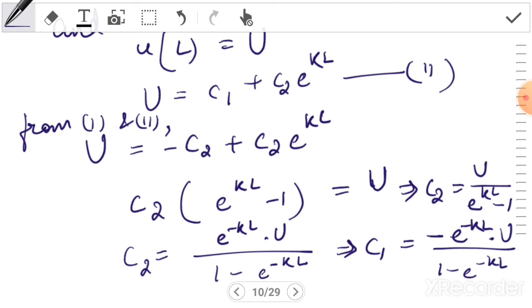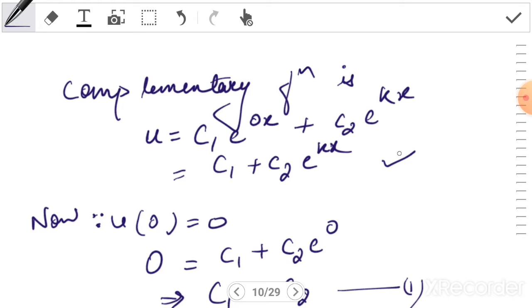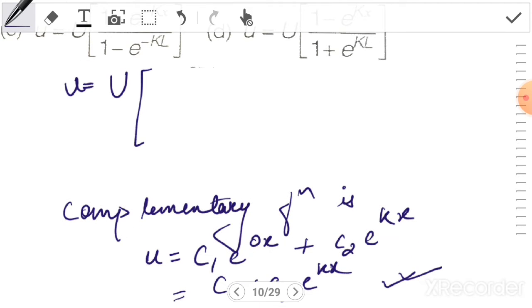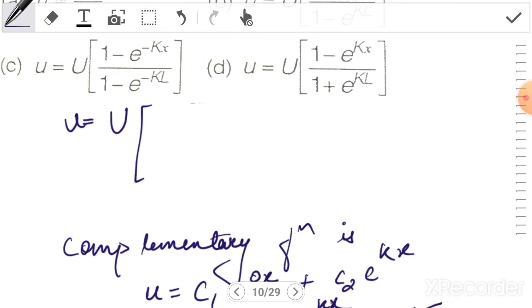Now we have the values of C1 and C2. Now let us put these values in here. So u will be equal to capital U, C1 plus C2 e power kx. So minus e power minus kl by 1 minus e power minus kl.